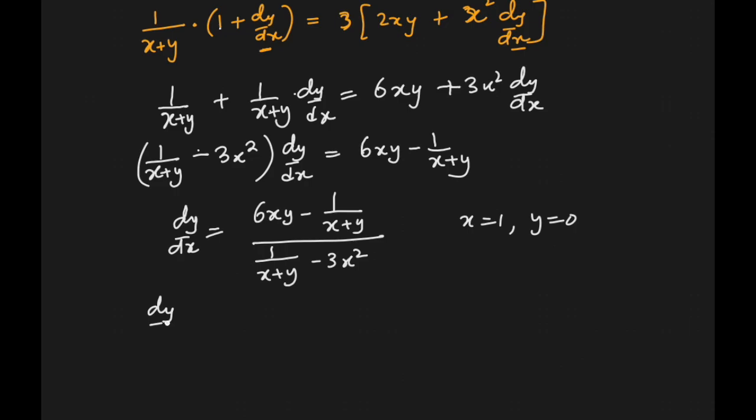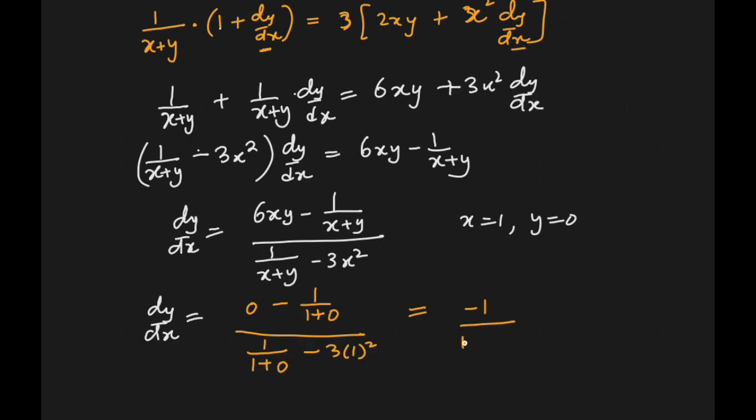So dy over dx becomes 6 times 1 times 0, which is 0, minus 1 over (1 plus 0), divided by 1 over (1 plus 0), minus 3 times 1 squared. I substituted 1 and 0, which becomes minus 1 over 1 minus 3, which is minus 1 over minus 2, that is 1 over 2.